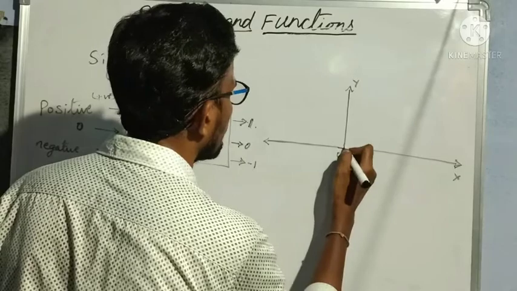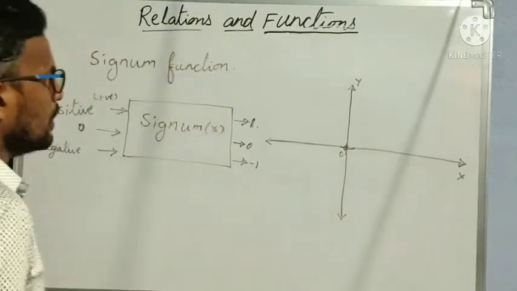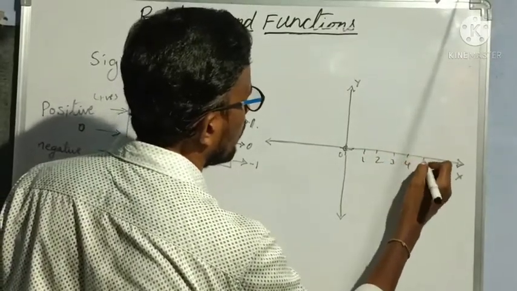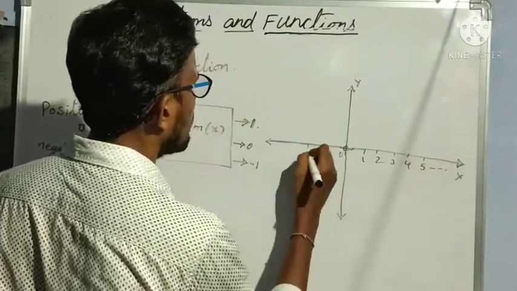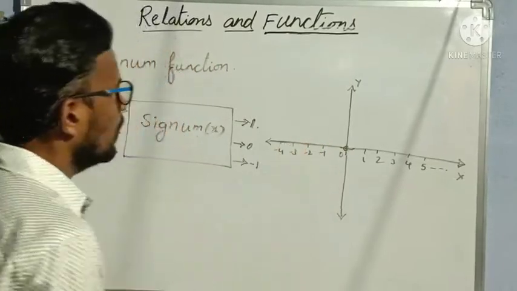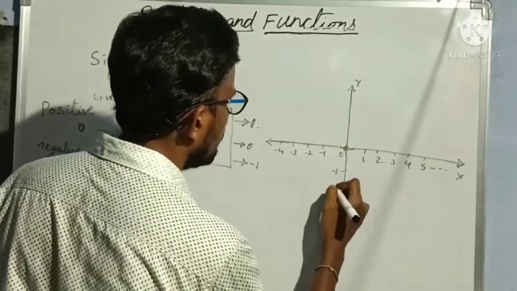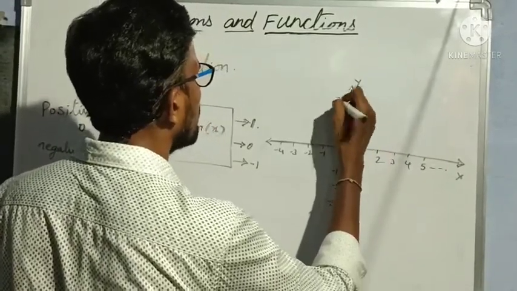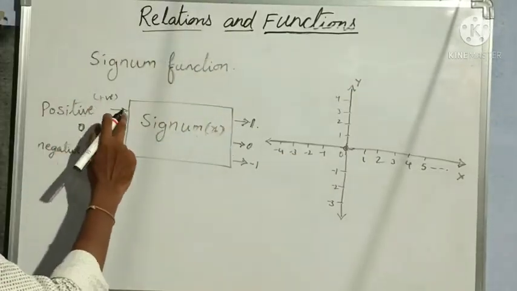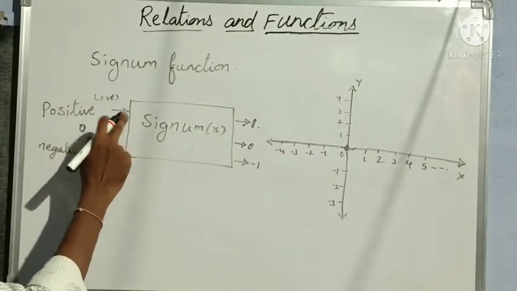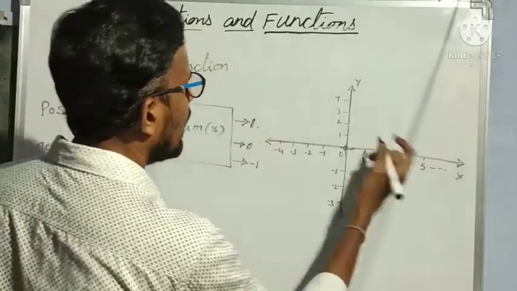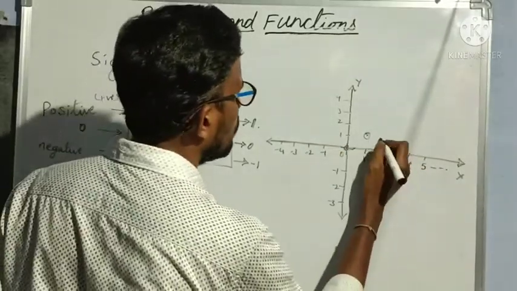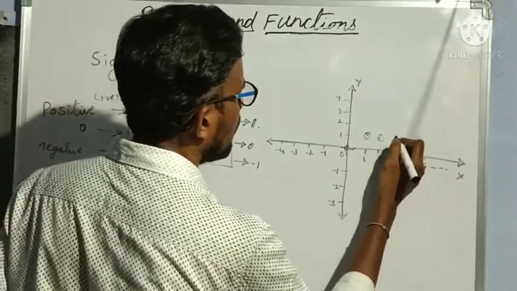For positive values of x, 1, 2, 3, 4, 5 and so on, and negative values minus 1, minus 2, minus 3, minus 4, the y values are plus 1 and minus 1 respectively. If our x value is 1, then y value is 1. If x is 2, y is 1. If x is 3, y is 1.